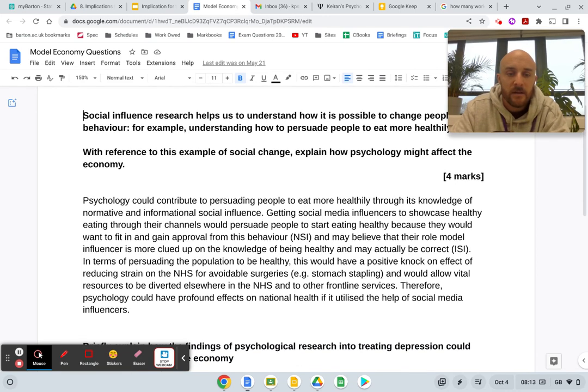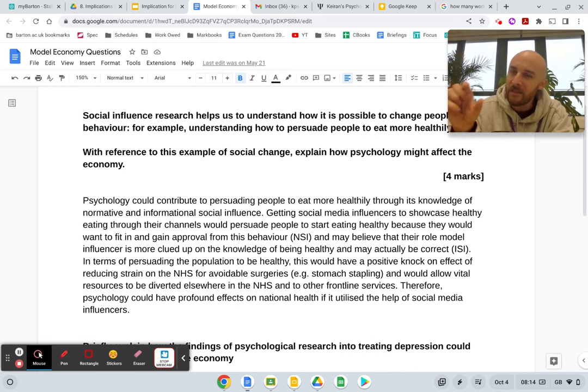So if we have a look, psychology could contribute to persuading people to eat more healthily through its knowledge of normative and informational social influence. Getting social media influencers to showcase healthy eating through their channels would persuade people to start eating healthy because they would want to fit in and gain approval from this behavior, which is NSI. And they may believe that this role model is more clued up on the knowledge of being healthy and may actually be correct, which is ISI.